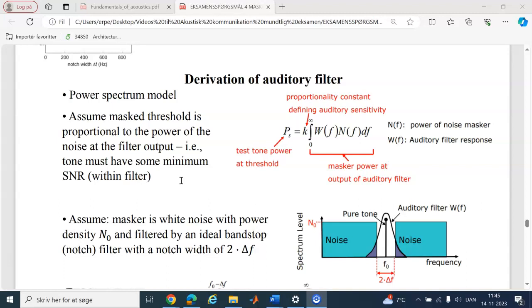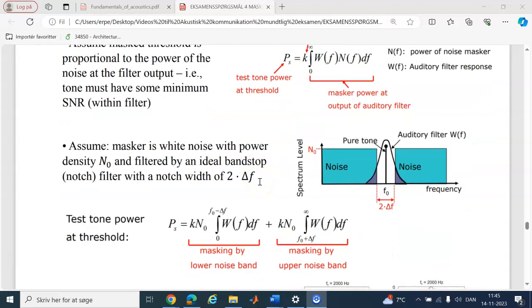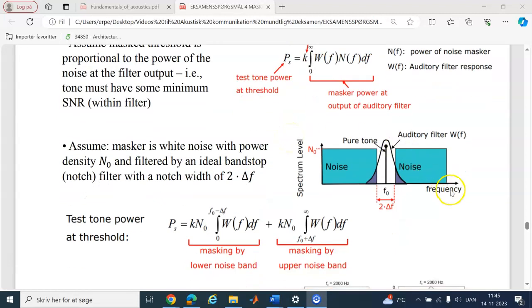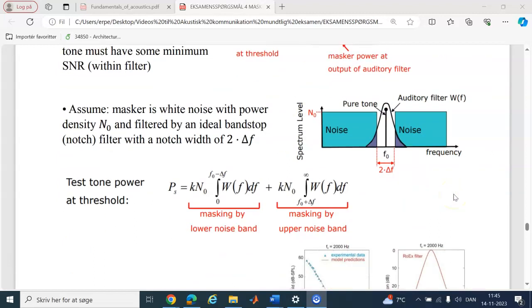So there is a proportionality between the test tone power at threshold and the masker power at the output of the auditory filter.